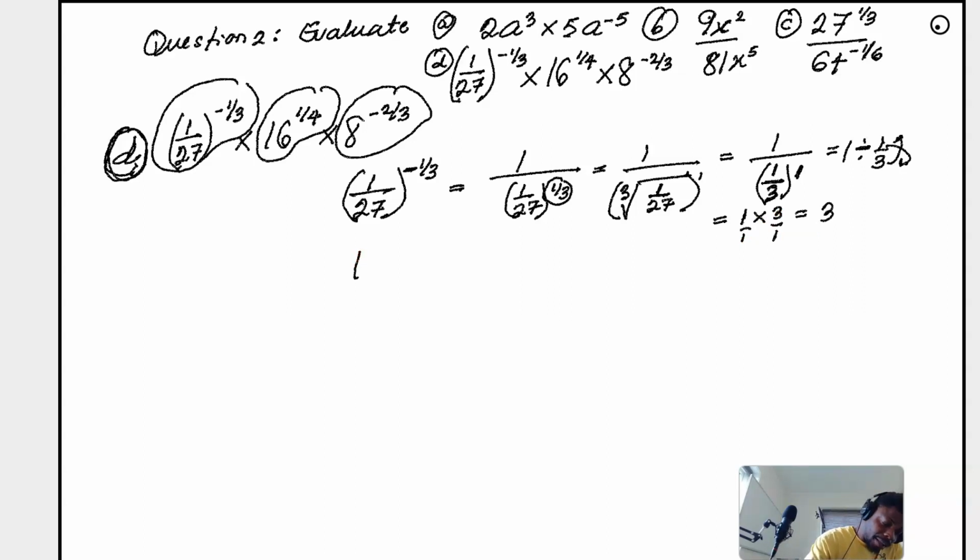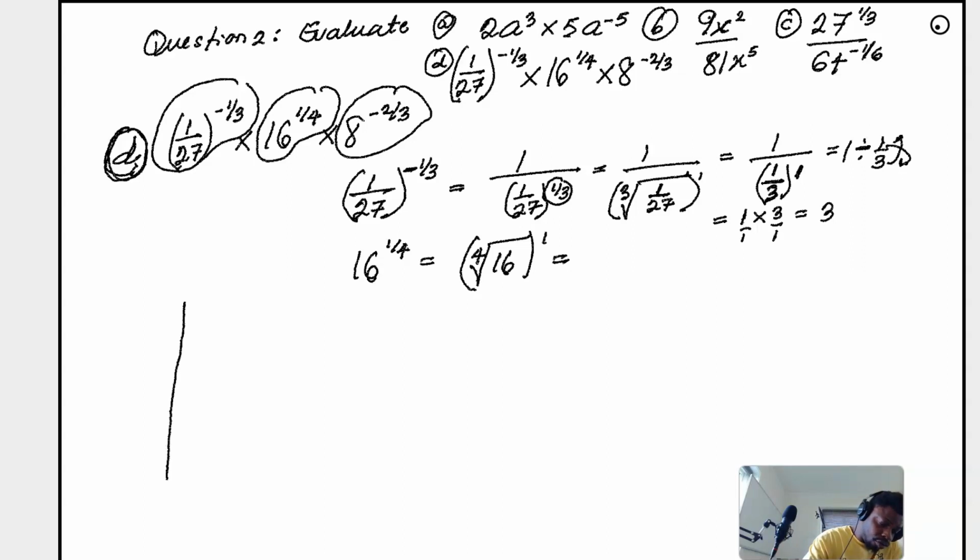Now the second part is 16 raised to 1 over 4. So you already know this is the 4th root of 16, then 1 outside. This simply means the same number I will multiply 4 times will give me 16. That is the 4th root. I have shown you how to do this in my previous video, but I'll quickly do it here.